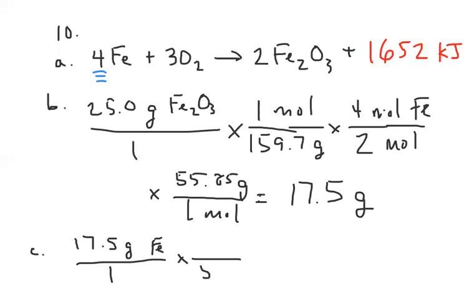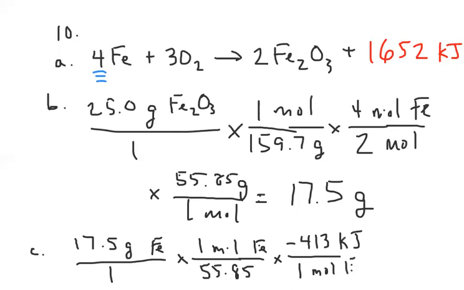So I'm going to put this in moles first of iron so that we can use that conversion factor of 413 kilojoules over 1 mole of iron that was given in the problem. You can see moles of iron cancels. Grams of iron cancels, and we'll be left with just kilojoules. If you plug that in, round it to 3 sig figs, I get negative 129 kilojoules as our final answer.